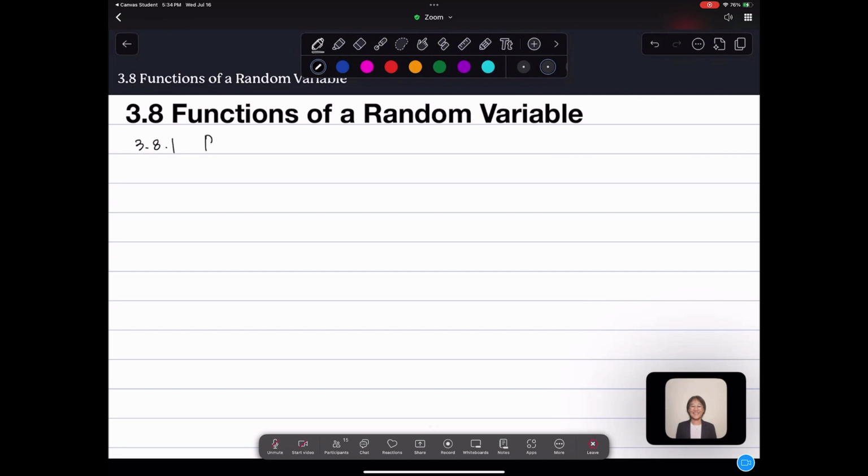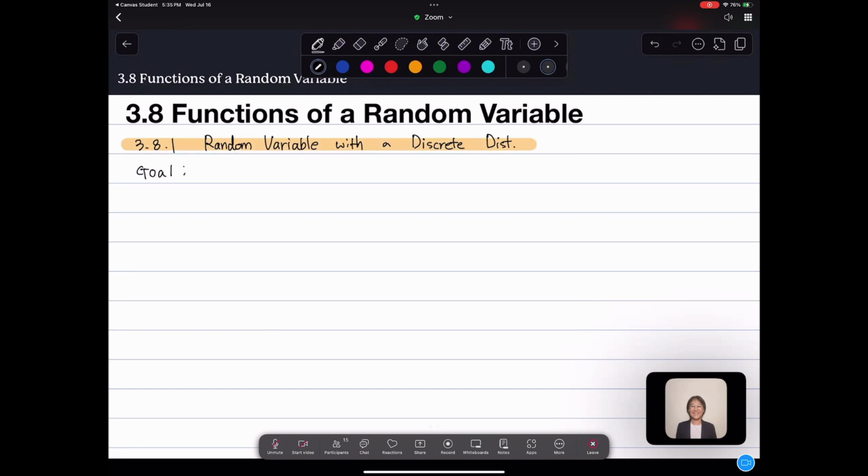So what's the goal of this particular section? It's simple.